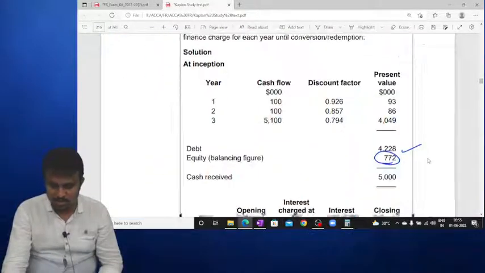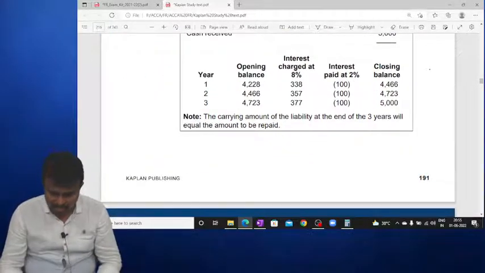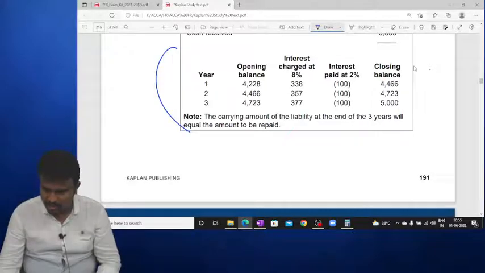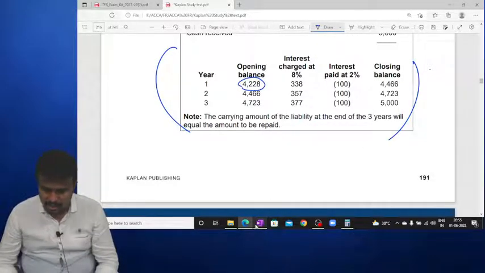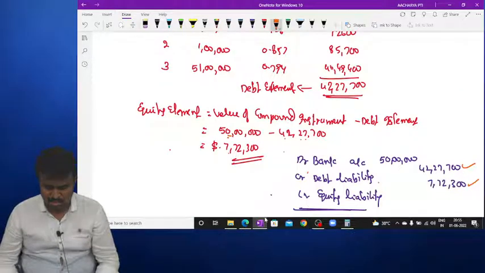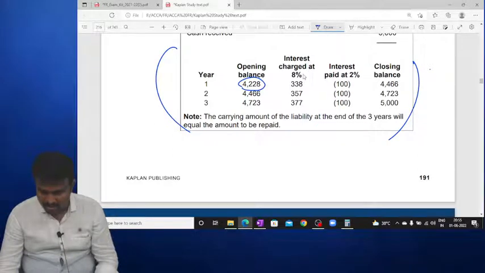For example, if you observe, we already calculated that one. This is the amortized cost approach. We start with 42 lakh 27,700. If you round it off, 42,28. Then effective rate is 8% and interest is 2%.